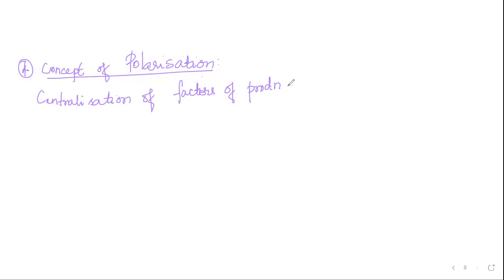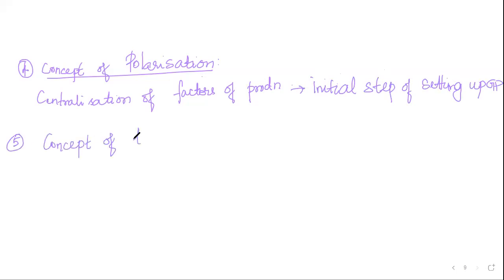All that needs to be centralized in a particular location, and that will be the initial step of setting up a growth pole. The fifth concept is the concept of linkages. Very, very important. What is linkages?